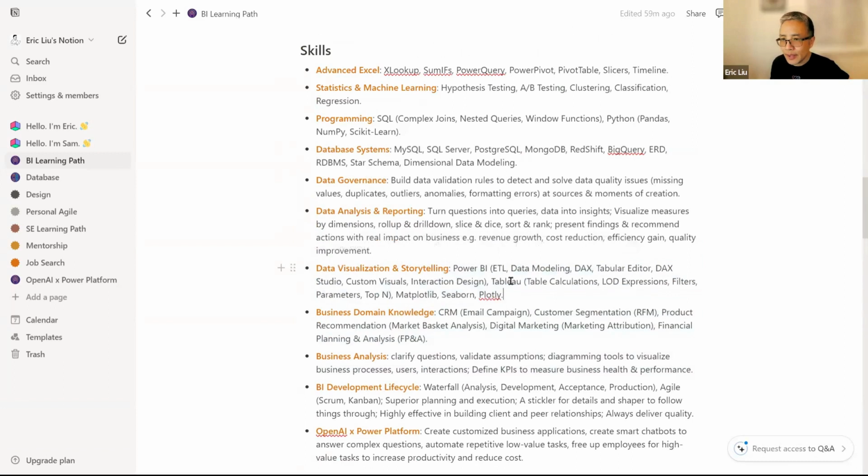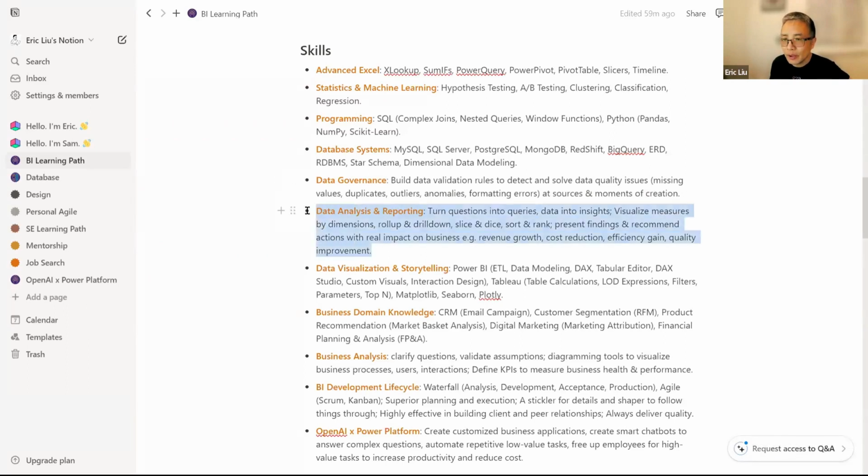So I highly recommend that you include programming, database system, and one of these. So if you're looking for data governance jobs, and if you're very strong detecting and solving data quality issues, you can do this. So this means you focus on ETL, data warehousing, right?